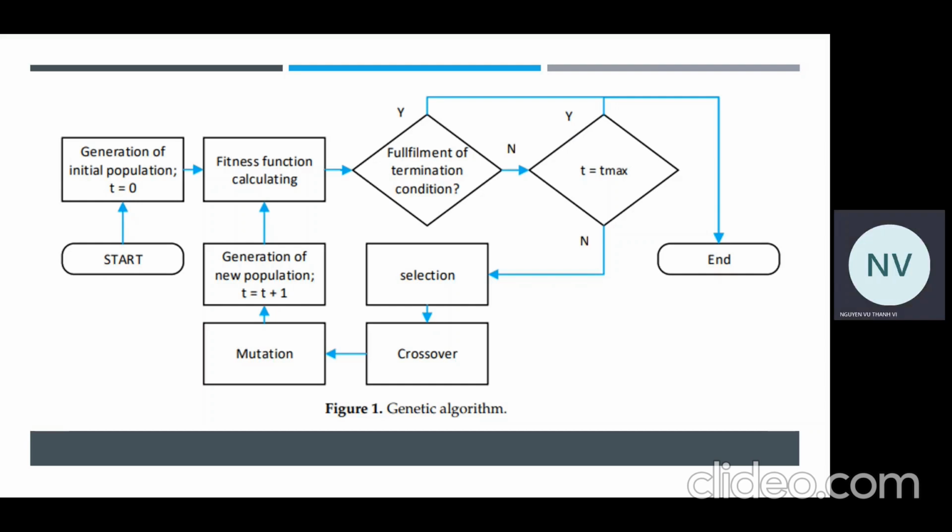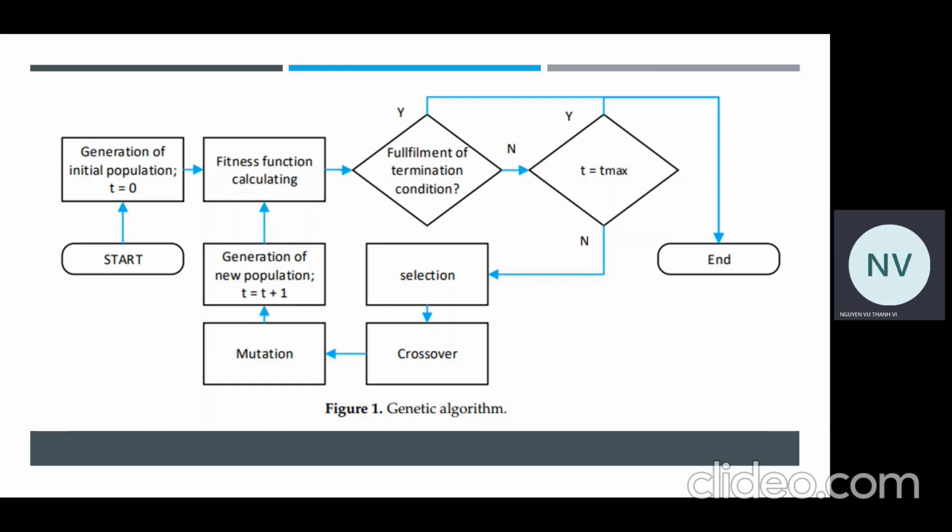As you can see, look at the slide. This is the flow concept of genetic algorithms. At first, we will have the start. Inside will be the generated population. The initial population is t equals 0. In the population we have a lot of individuals, and after we have the individuals, we will have the fitness function calculations.